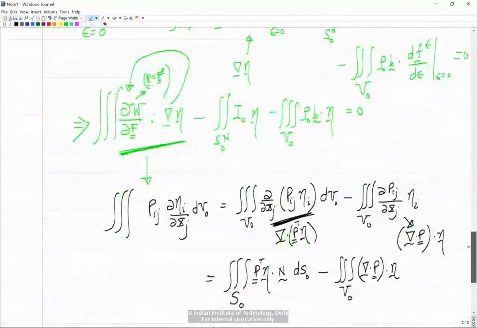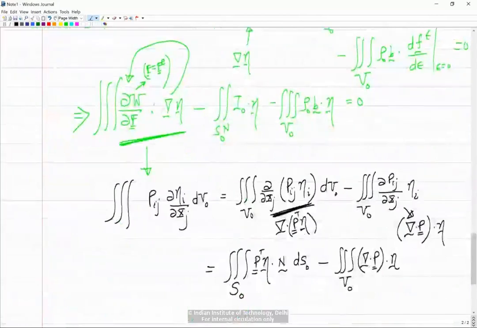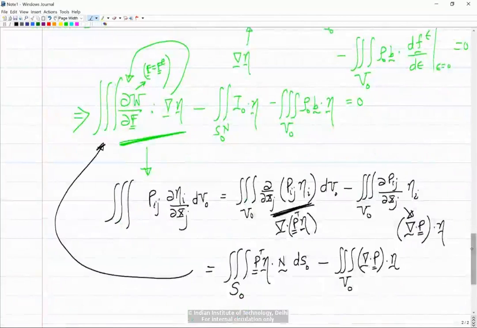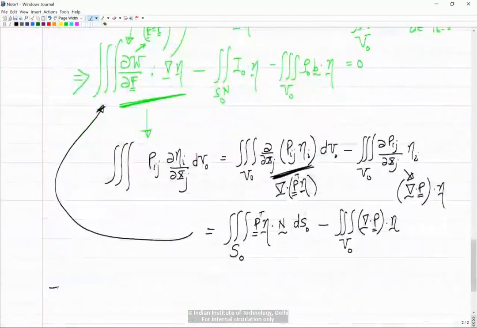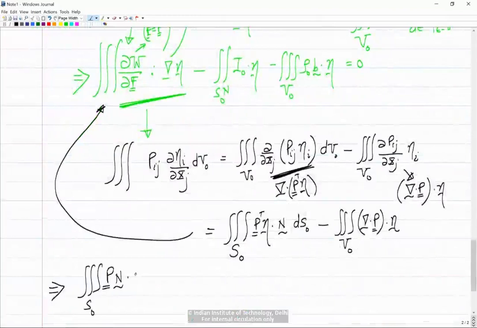So let us now come back to our derivation and substitute it here and see what we get. So we have integration over S naught of P big N dot with eta.